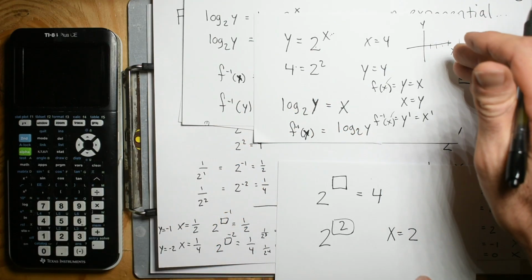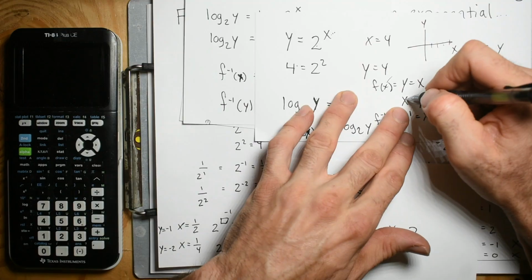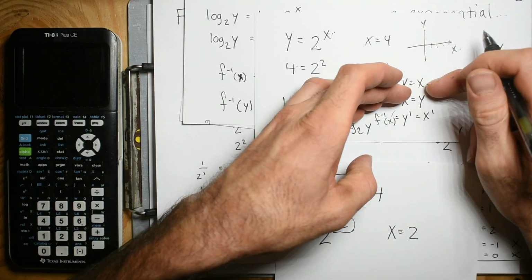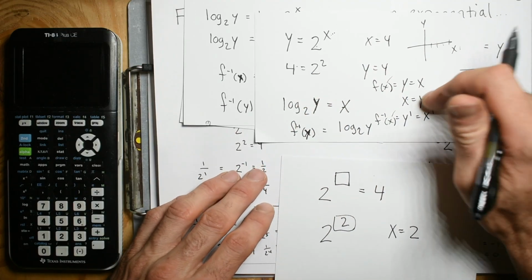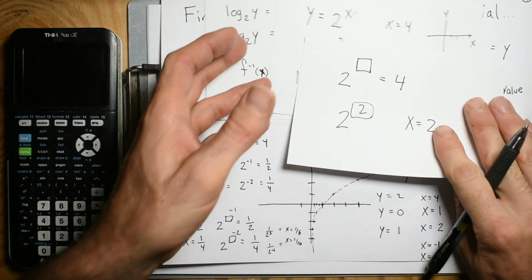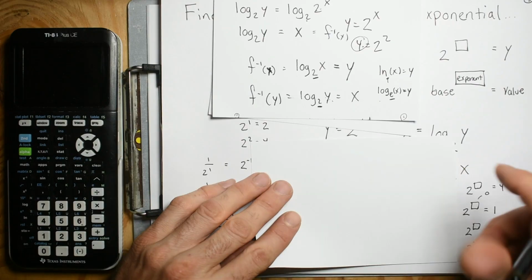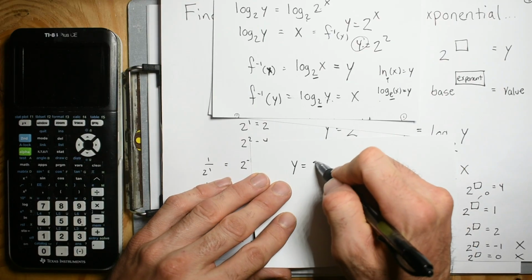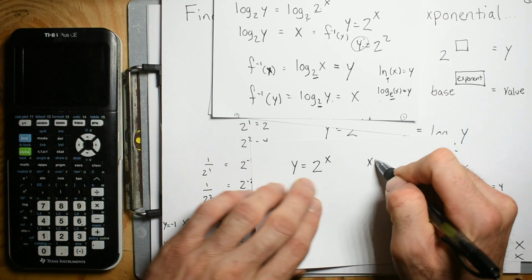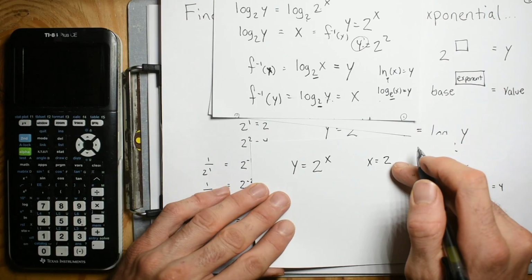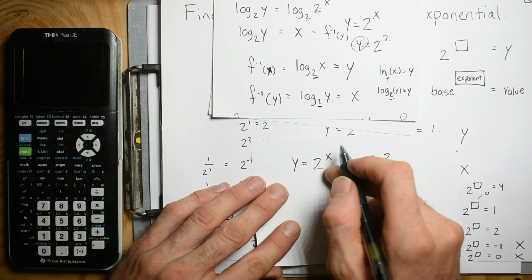And so that's the tricky part, to solve for x, but then switch variables. Should we mentally walk through that one more time? We have y is equal to 2 to the x. I'm going to put in an x value of 2. Then we just need to know the inverse of this.